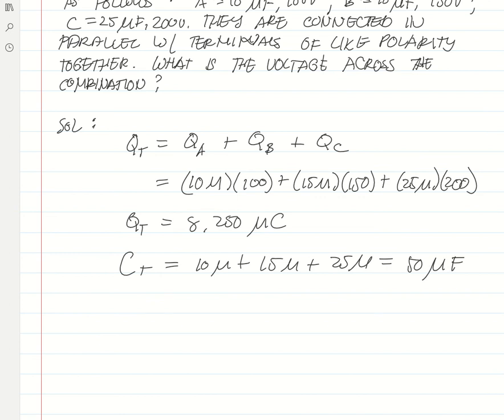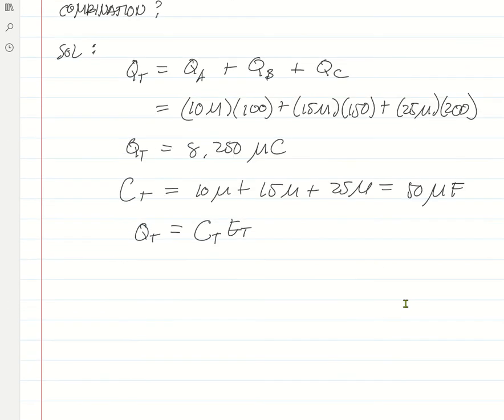Then we can now determine the voltage by using these two. Q total is simply equal to the total capacitance multiplied by the total voltage. The total voltage is the voltage across all the capacitors because they are all connected in parallel, so the voltage across each is equal to E total.